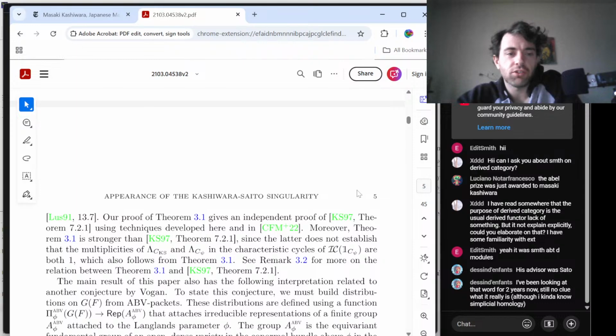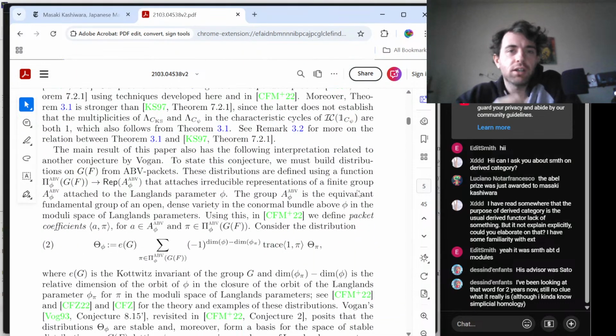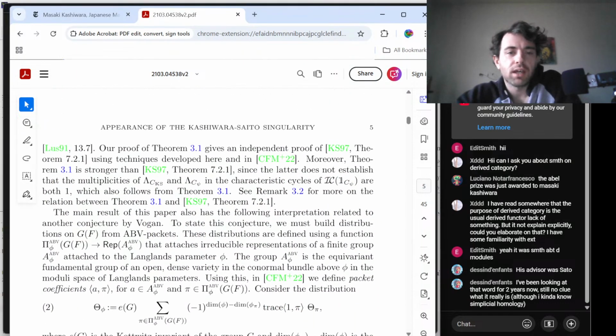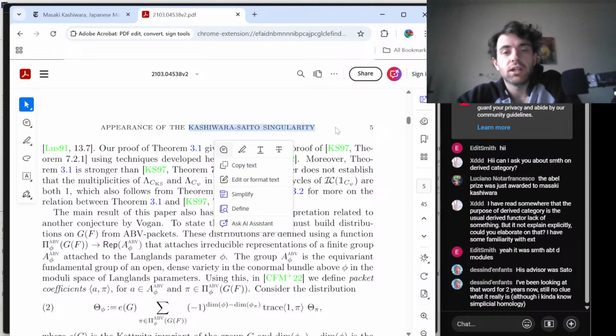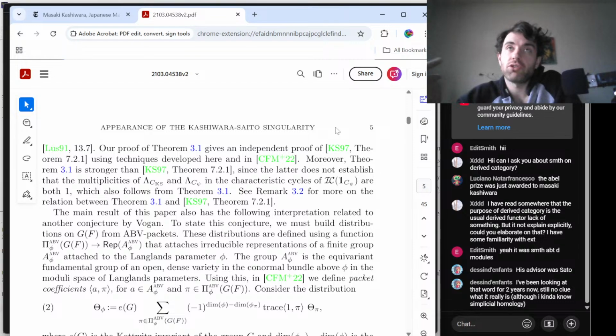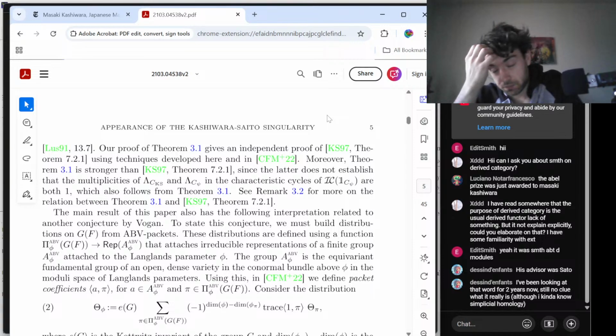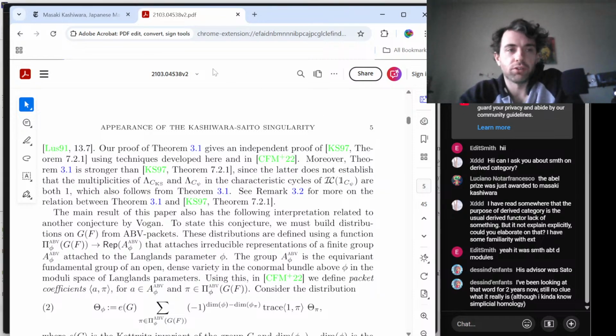They prove that one of these varieties has an instance of the Kashiwara Saito singularity, and that actually has consequences for the representation theory that we do, which is pretty cool. And if I understand correctly, this kind of singularity manifests in the real group's case as well.